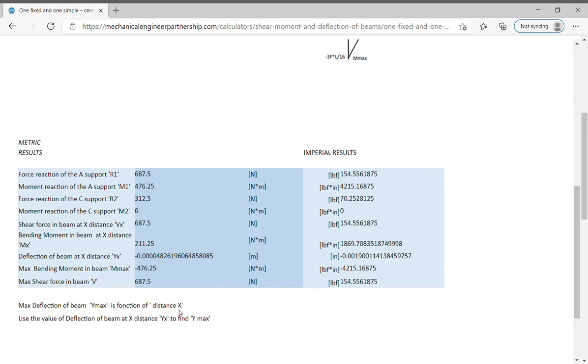Max deflection of beam Ymax is a function of distance x. Use the value of deflection of beam at x distance to find Ymax. Maximum bending moment Mmax and maximum shear force Vmax are used in calculation of normal and shear stresses. See the pages with stress calculators.